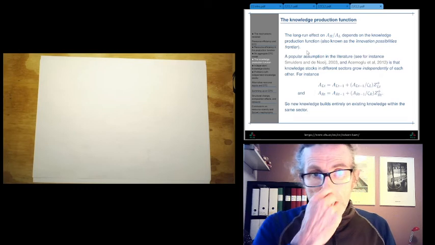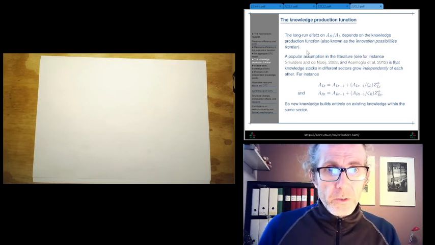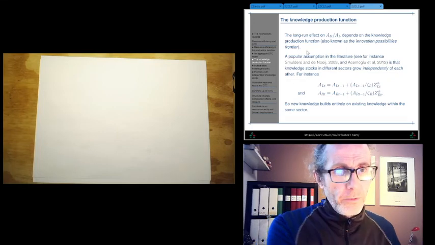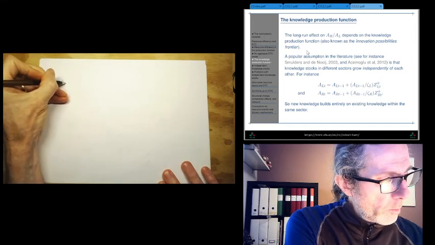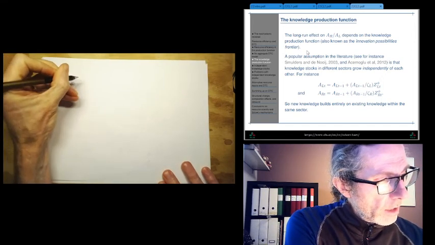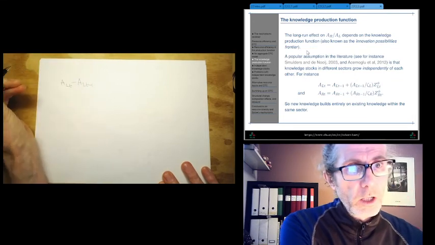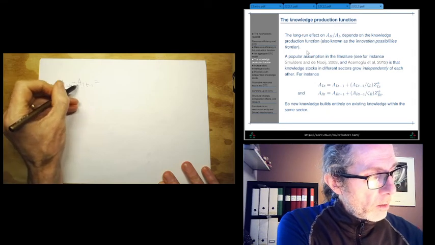A popular assumption in the literature is that knowledge stocks in different sectors grow independently of each other. So for instance, we could write, and I'm going to change the formulation there very slightly, A_L,t minus A_L,t minus 1. So that's the new stock minus the old stock.